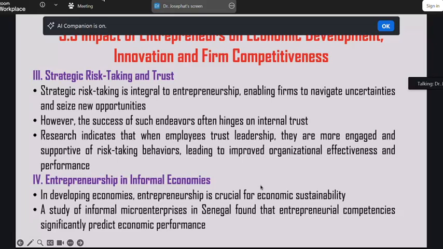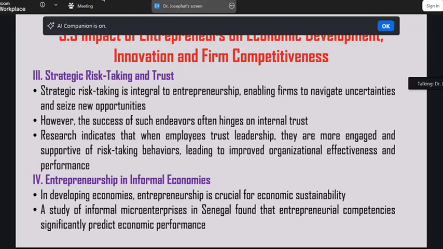The third one, we talk about strategic risk-taking and trust. Strategic risk-taking is integral to entrepreneurship, which enables our firms to navigate uncertainty and seize new opportunities. Because we know that risk-taking is a very important element in entrepreneurial activities.